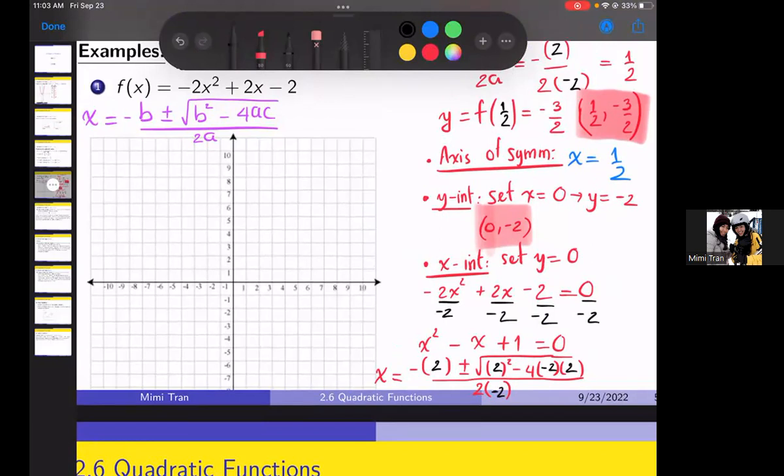Why? Why am I confident that there is no x-intercept? Oh, did I miss something? 4ac. Oh, c is negative 2 as well. I forgot a negative right there.